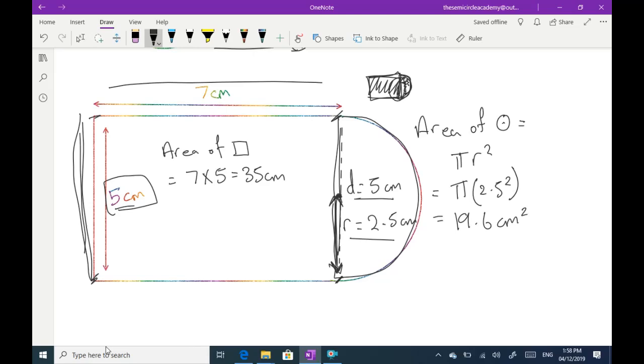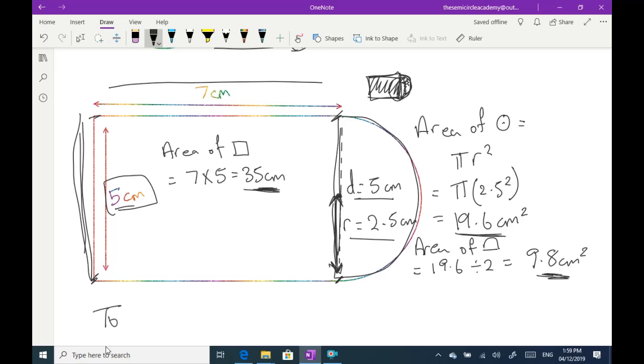And so the area of the semicircle would be half of this: 19.6 divided by 2, which is 9.8 centimeters squared.